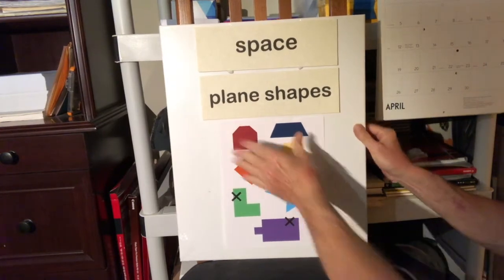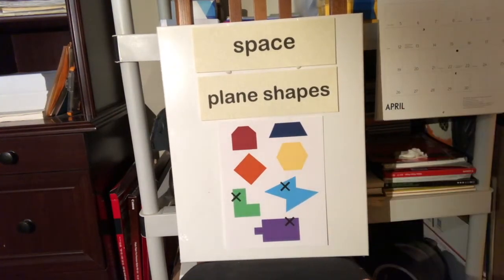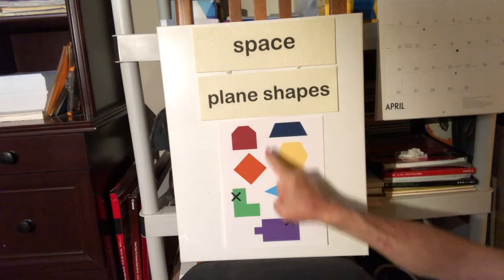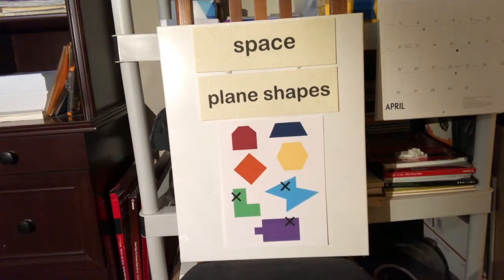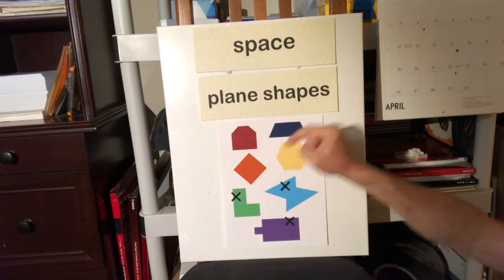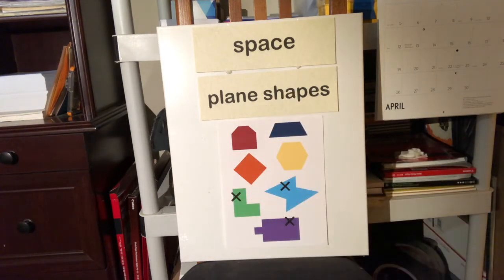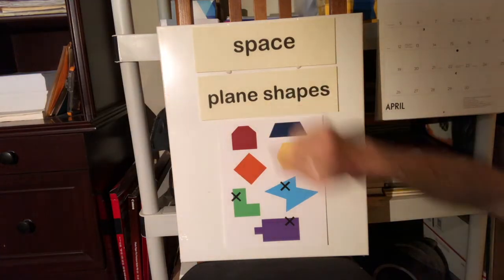All right. First of all, your plane shape, all the sides have to be straight. They can be vertical, horizontal, or diagonal, but they have to be straight. All of your vertices, what is that?